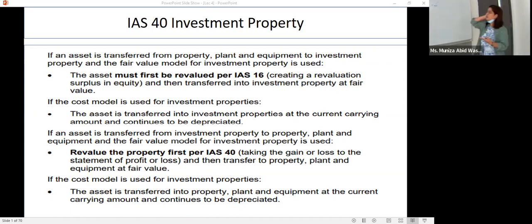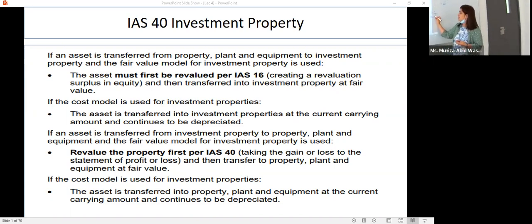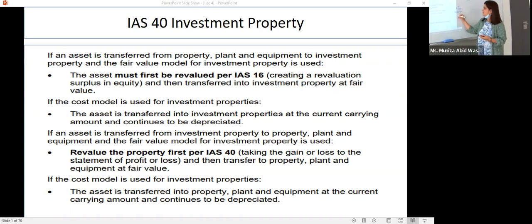So the first thing you have to do if the fair value model is being used: recognize the revaluation gain as per IAS 16 in the statement of other comprehensive income. This is what you have to do. And then transfer into investment property at fair value.